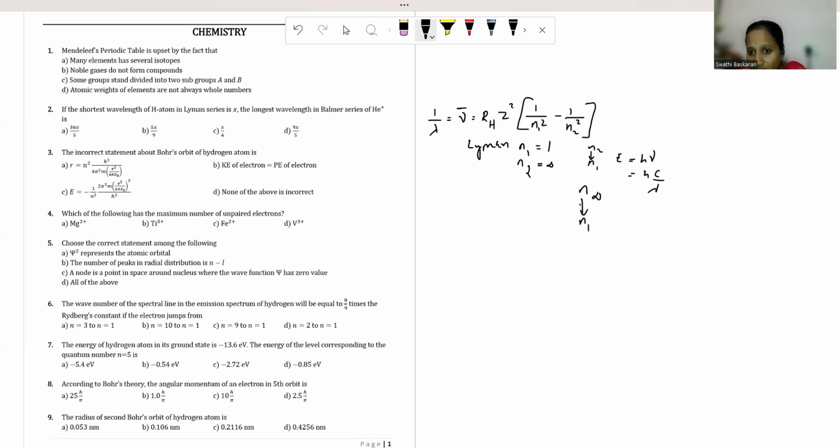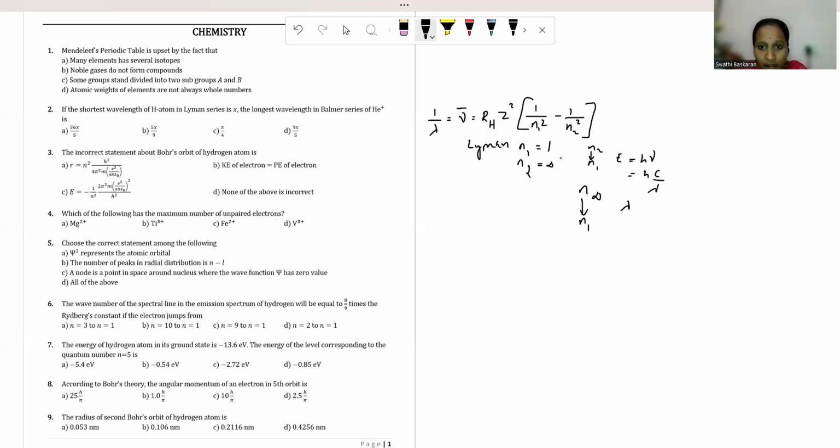Which will have higher energy? Basically N infinity to N1. So this emission will correspond to high energy, and hence the wavelength will be shortest. So keeping this in mind, we are now going to get the value of 1 by lambda in terms of RH by substituting N1 to be 1 and N2 to be infinity.